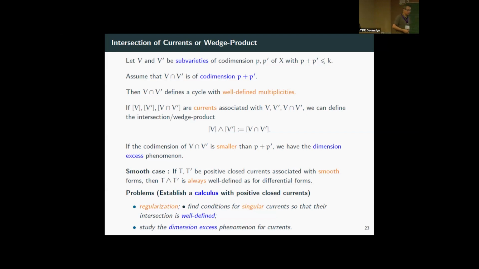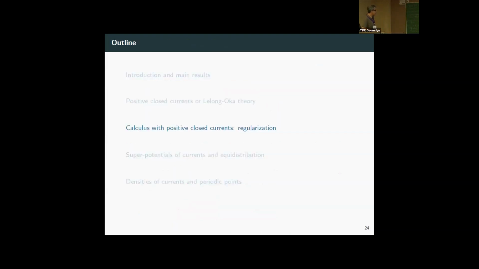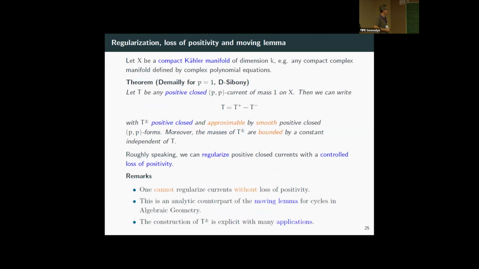All of them are very useful in dynamics. Actually, the first motivation we had came from complex dynamics. Okay, so let me discuss the first question.